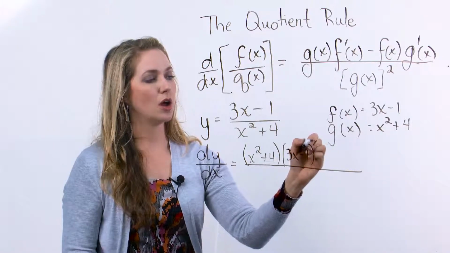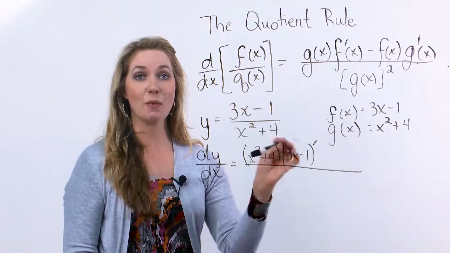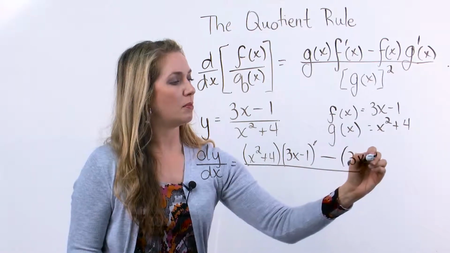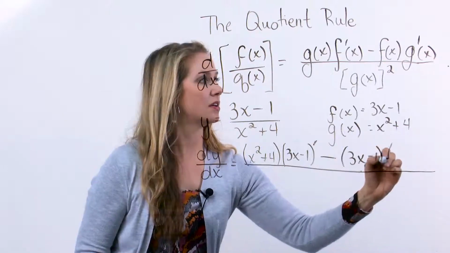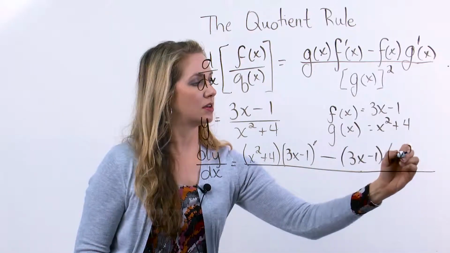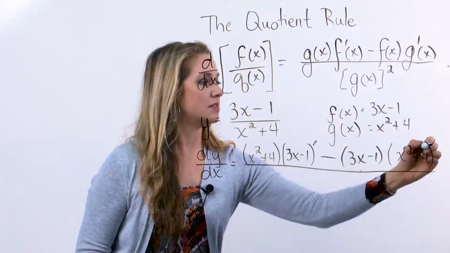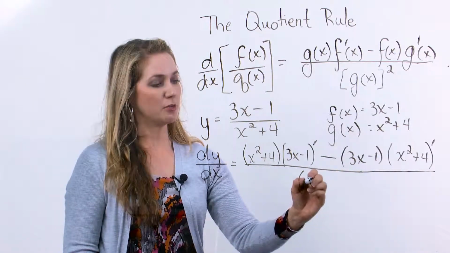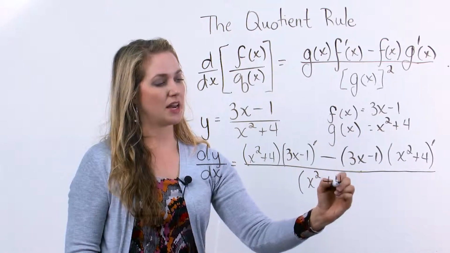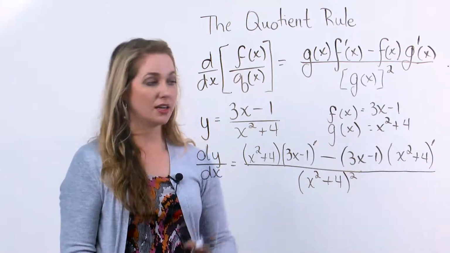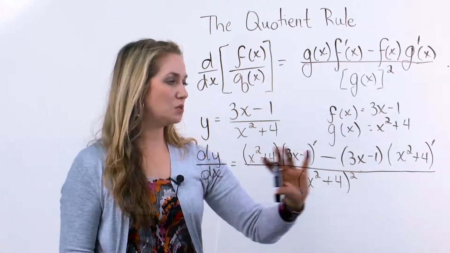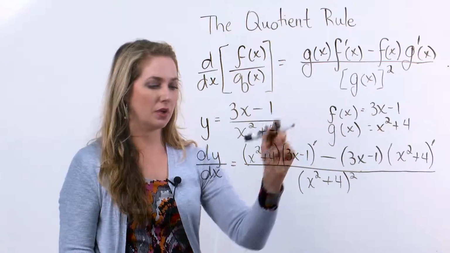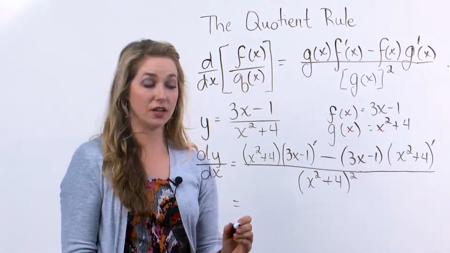So I'm going to put a little mark here, a little prime, to remind me to go back and take the derivative of that, minus the f function times the derivative of g, all divided by the denominator squared. Now I know this looks bad. At this point, all I have done is applied the definition of the quotient rule. So I'm going to go back and actually take the derivatives.